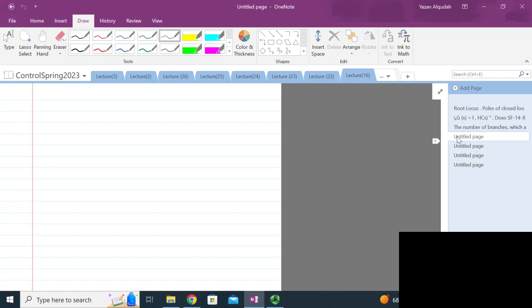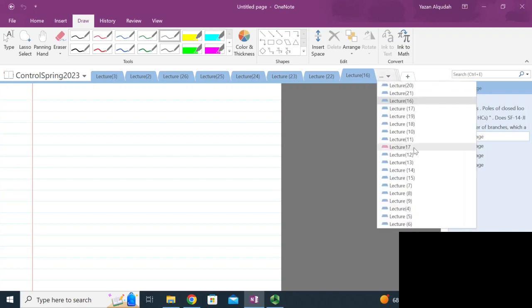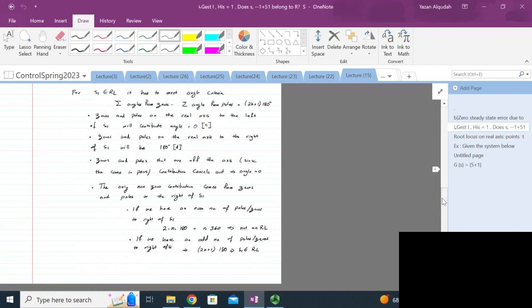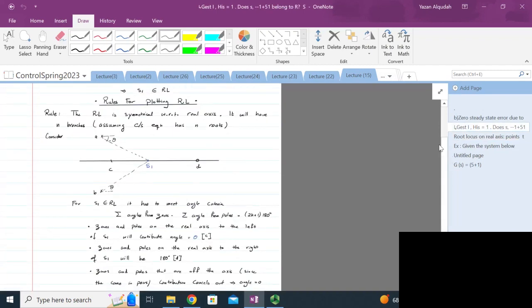Let me actually go back also to lecture 15 and go over the rules. Is the rule clear that the part of the real axis that belongs to the root locus is to the left of an odd number of poles and zeros? Clear? Based on the angle criteria?